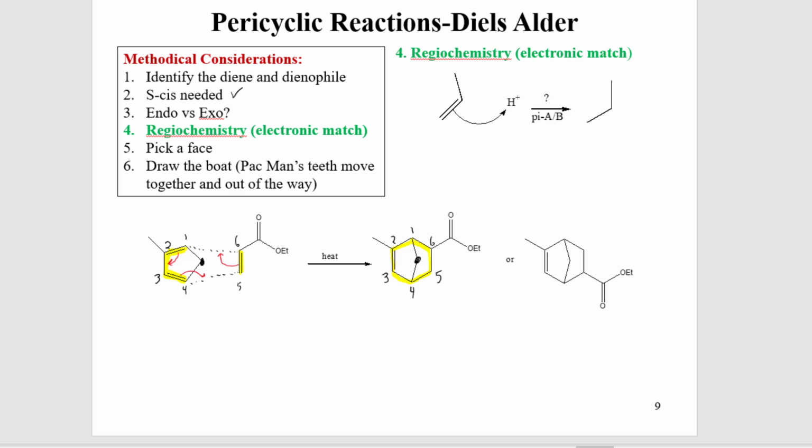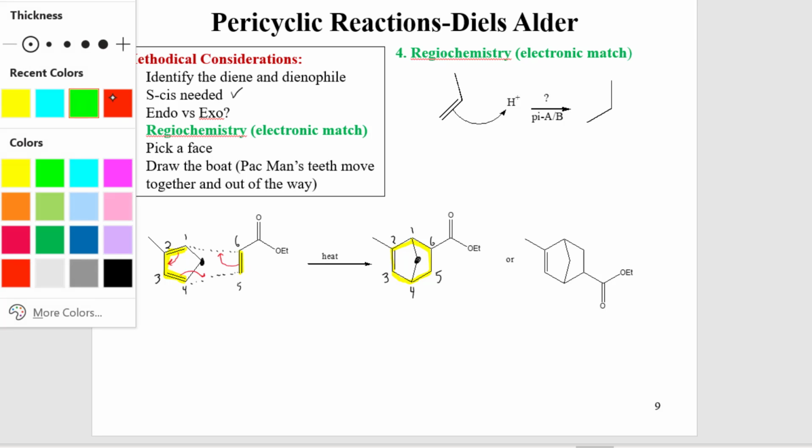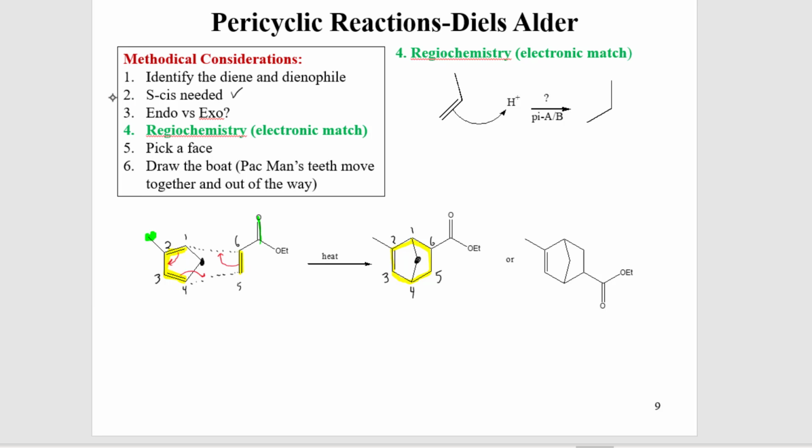But because I've got an appendage, I've got this methyl appendage and I have my ester appendage, why did I line them up the way I did? Well, I lined it up the way I did because that's the way it was drawn as the starting materials. Let's flip one.